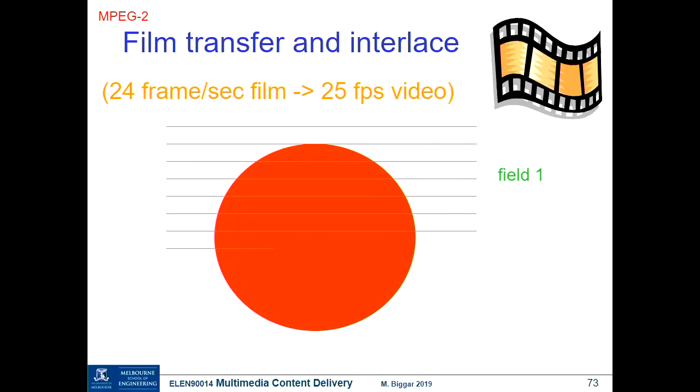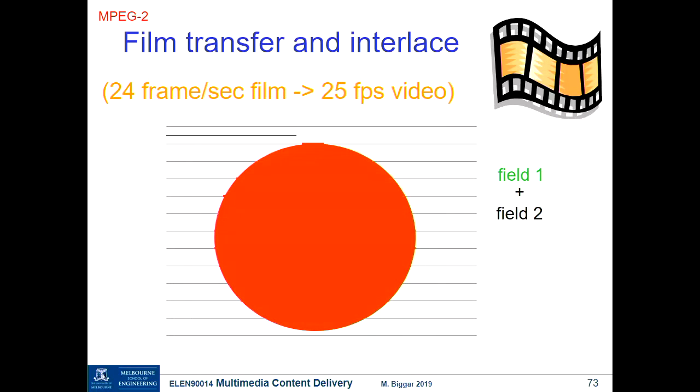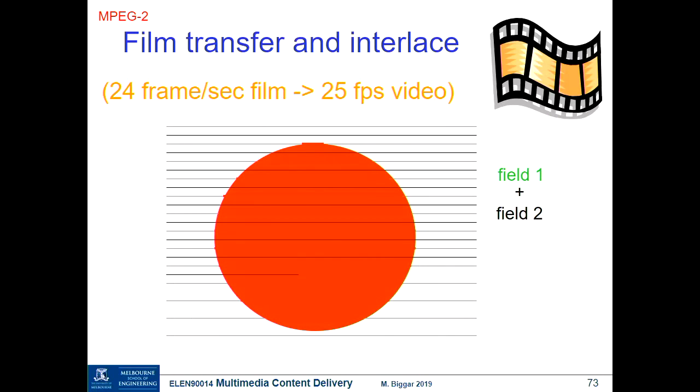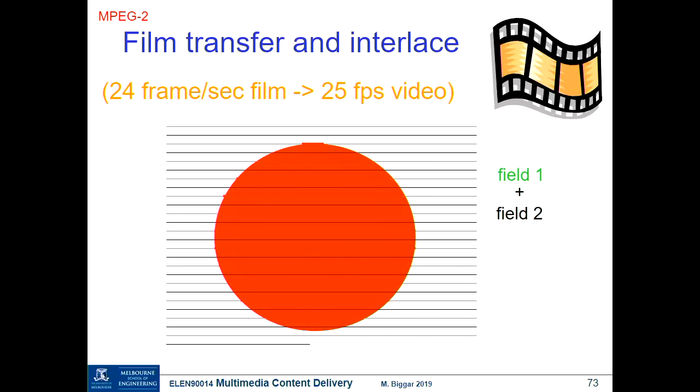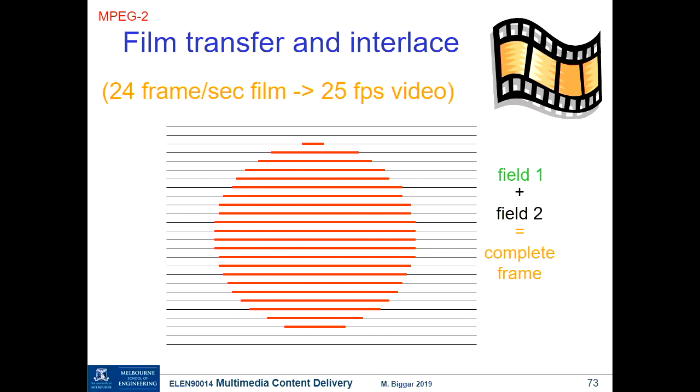If we are transferring from film, however, even if we're doing an interlaced scan, we hold our frame of film steady in our telecine, if you remember the telecine device, and that film frame doesn't move in between the fields, right?